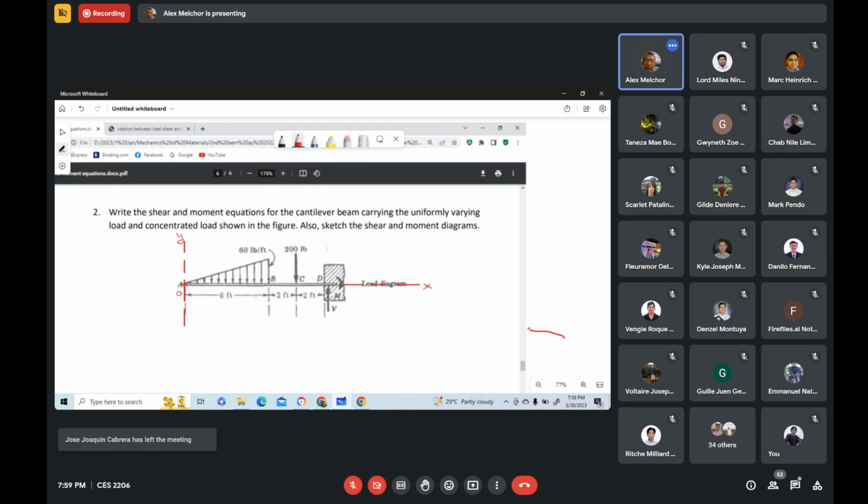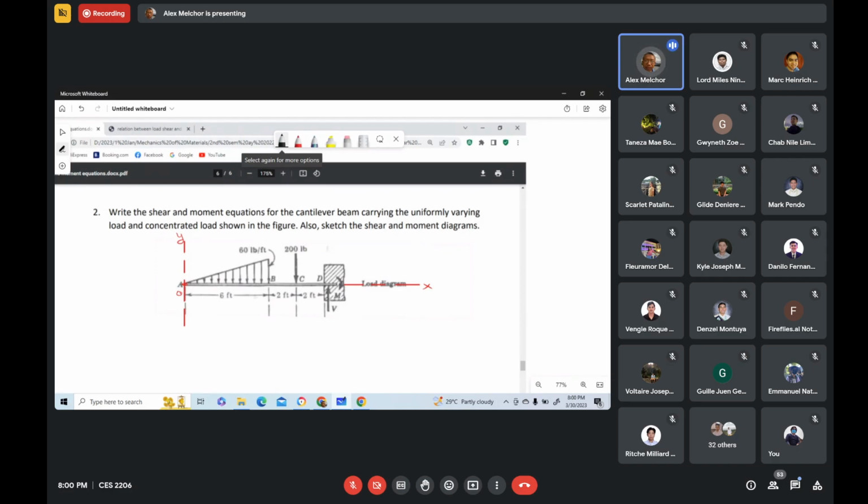So we start writing the shear and moment equations, starting with segment AB.